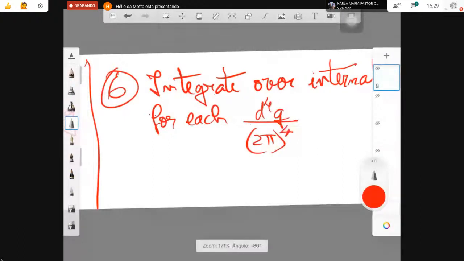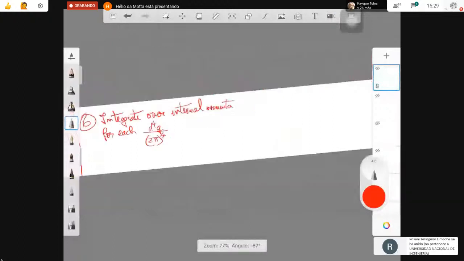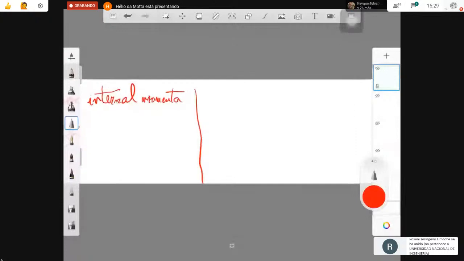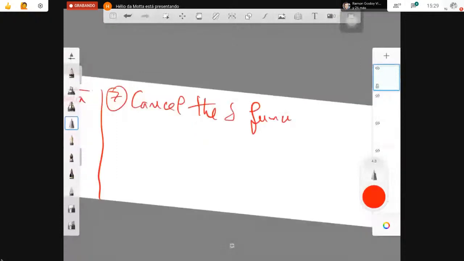Step seven: cancel the delta. Remember the delta functions are just there to assure conservation of energy.